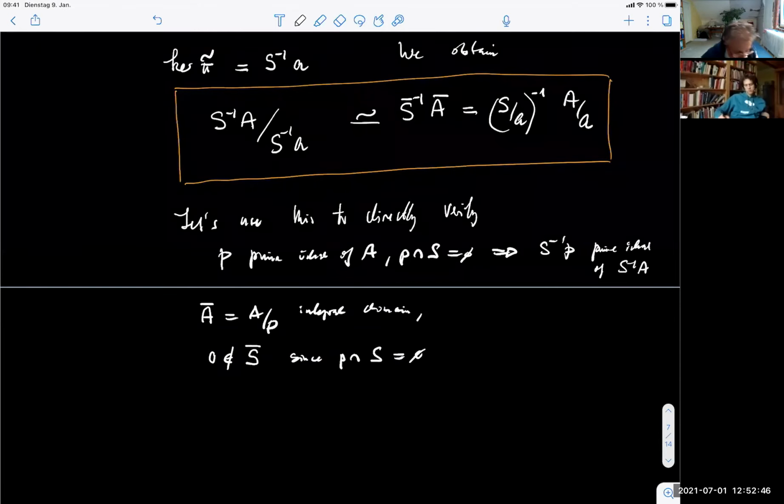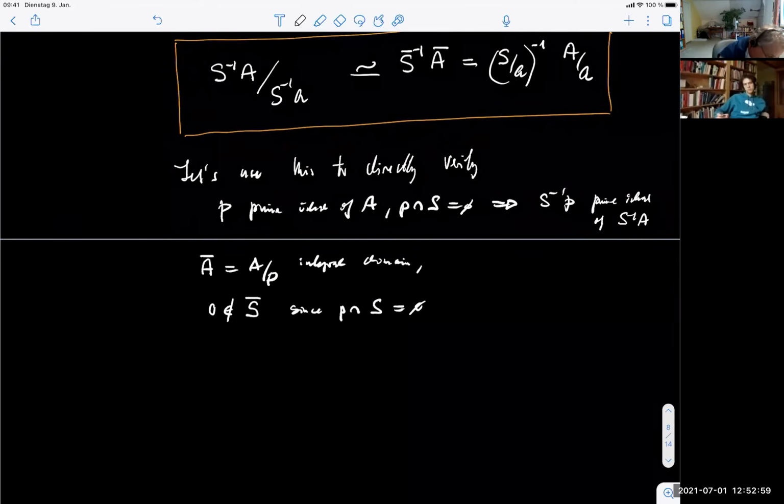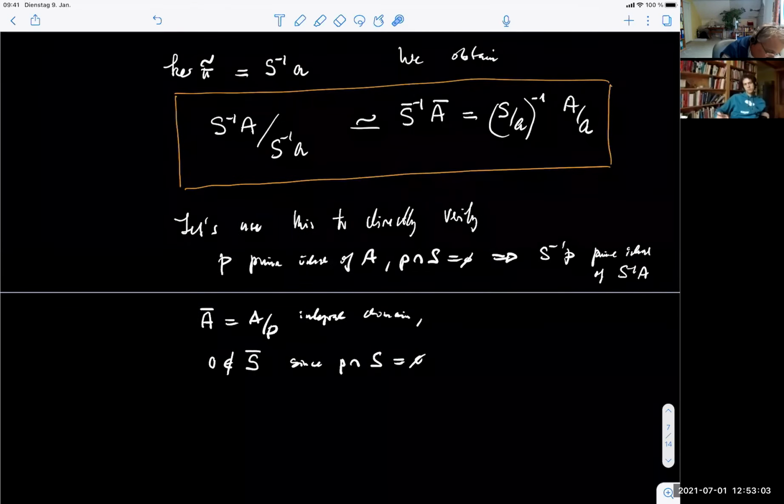That exactly means this. So now I use this orange thing, and then I see the localization. Let me write it.